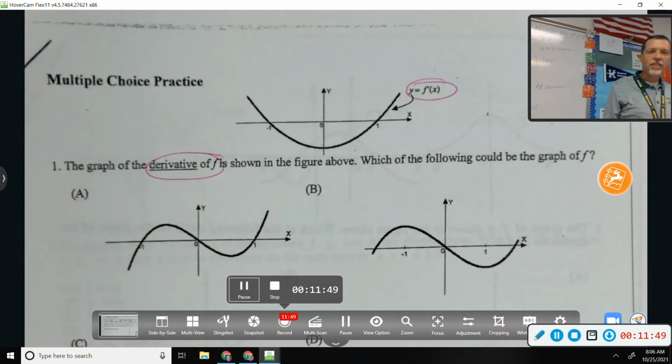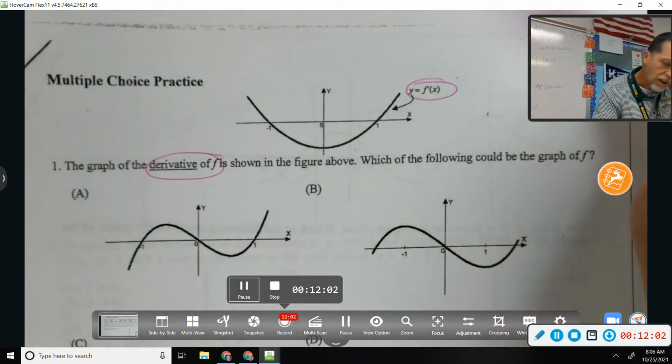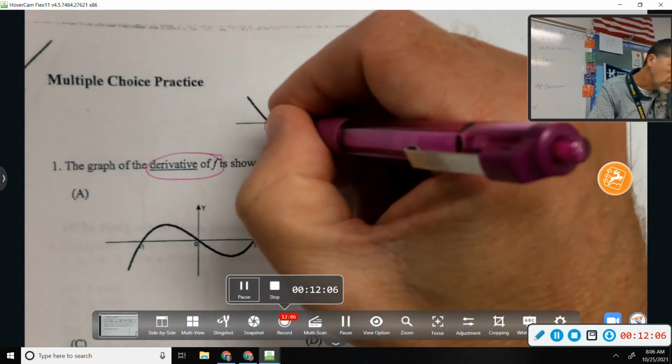Again, they're not trying to trick you on what graph they're giving you. They're giving you the graph of the derivative. Which of the following could be the graph of f? Oh, this is tricky because we haven't done this much. Not yet, anyway. So let's pick out some key points and figure out what's going on.